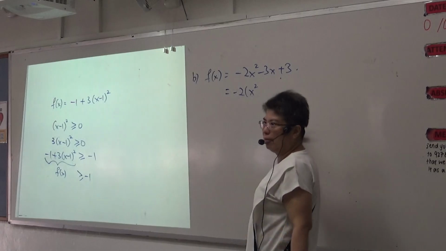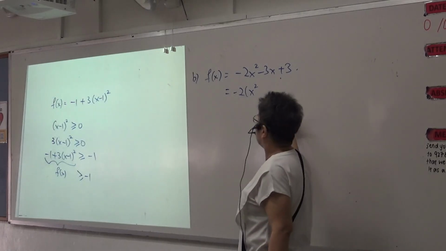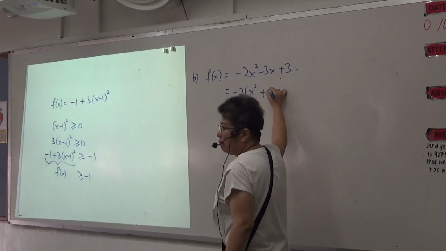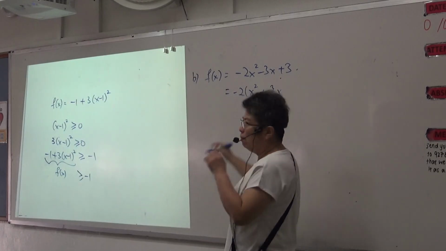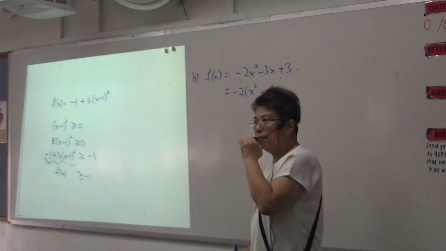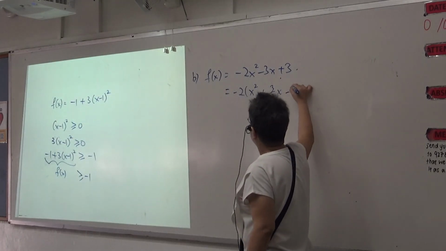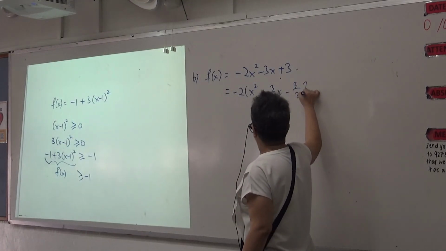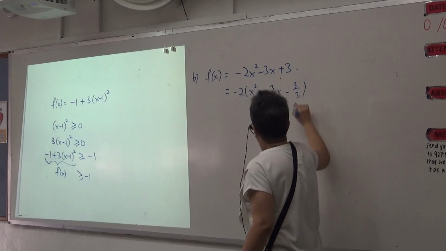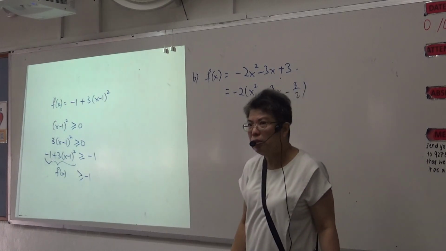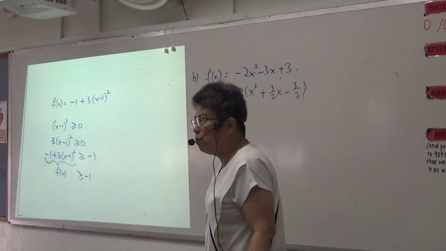Then what? Plus 3 over 2 x. Do you know why it becomes plus? Because of the minus mark, right? Then here, minus 3 over 2. Can you see it now? You must factorize properly, you know. If not, the whole answer will be wrong.